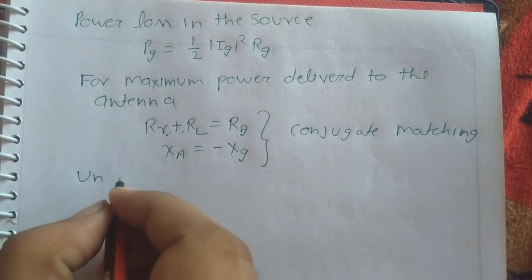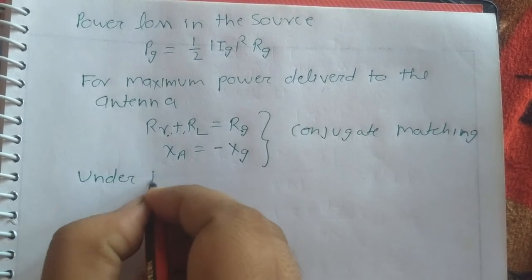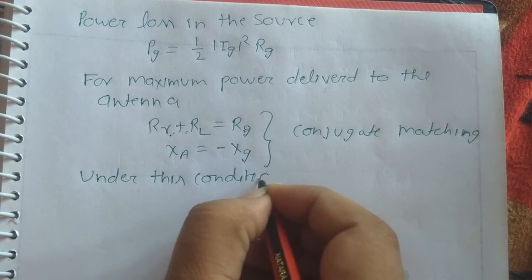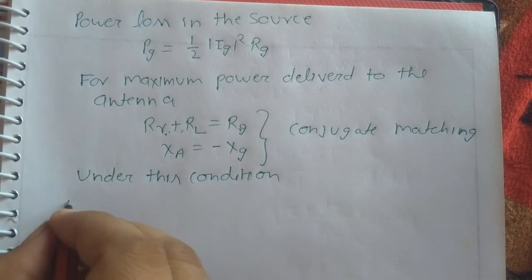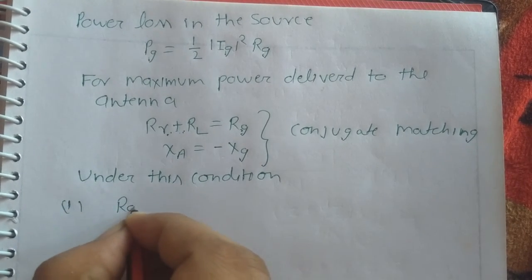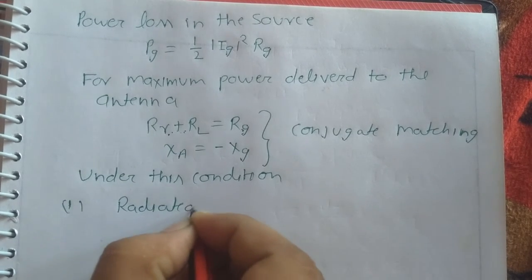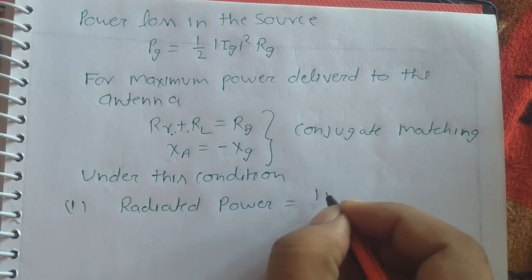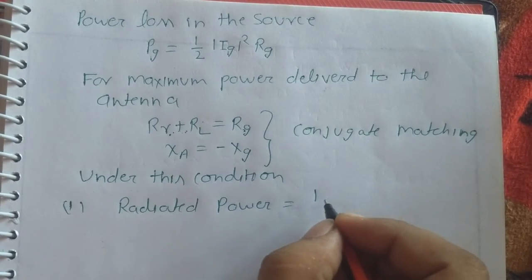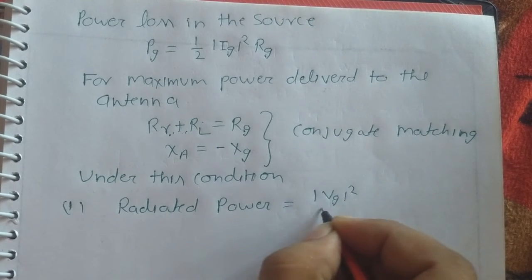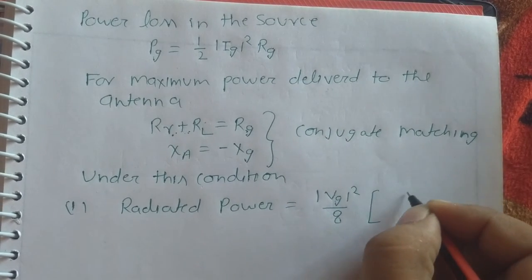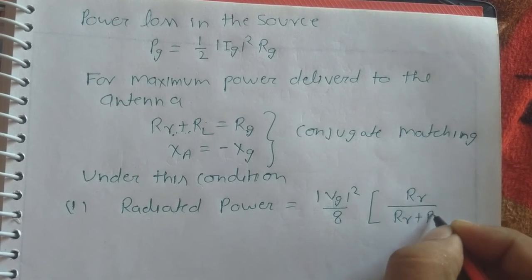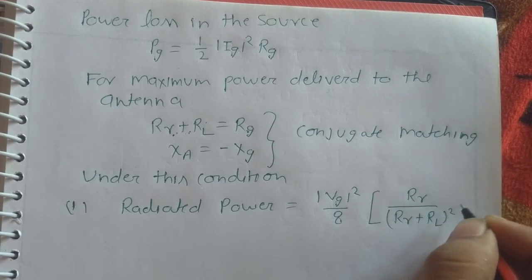Under this condition, radiated power will be equal to, when we put this condition in the above formula, we get mod of Vg square divided by 8 into RR divided by (RR plus RL) whole square.